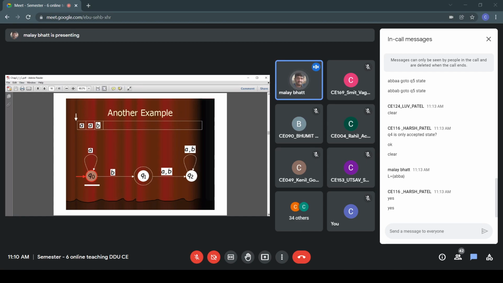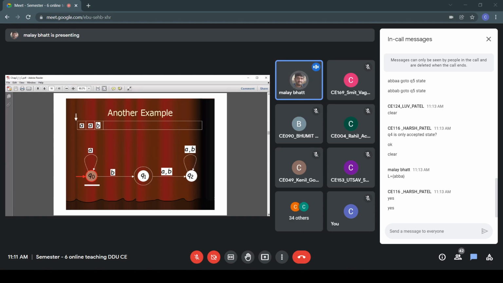So we'll start with the Q0 state on symbol A. You can see on input A we remain in the Q0 state because it has a self loop on symbol A, and Q0 is the initial state.